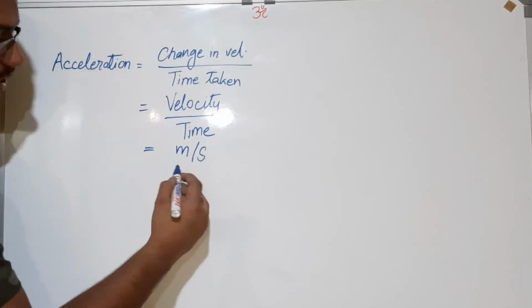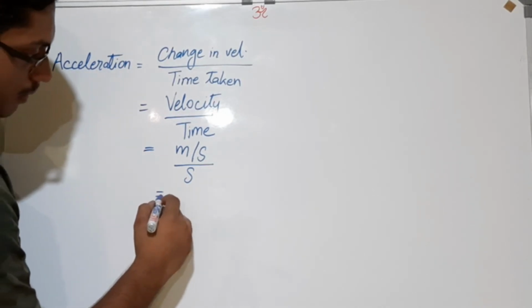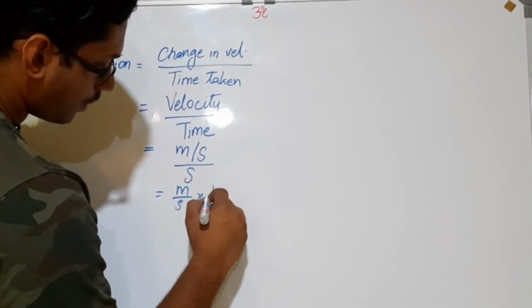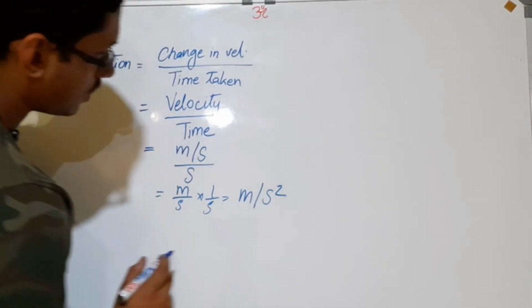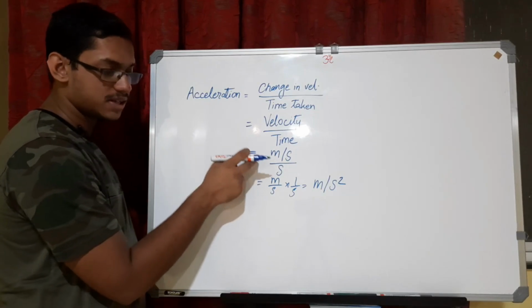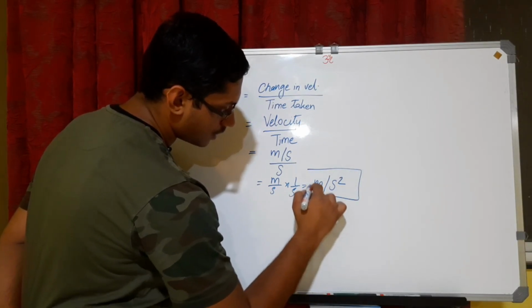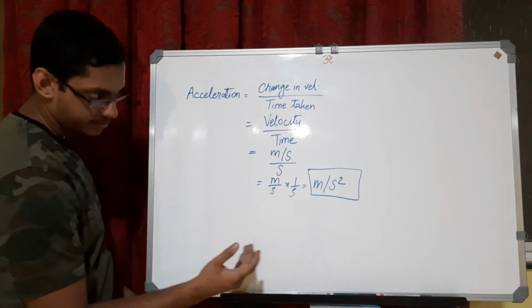Okay, what is the unit of time? Second. So by this calculation, it is meter per second into 1 by second, which is meter per second square. You understood? Velocity by time becomes meter per second by second, so it becomes meter per second squared. So this is how the units of acceleration appear.